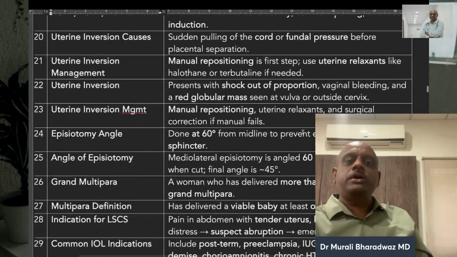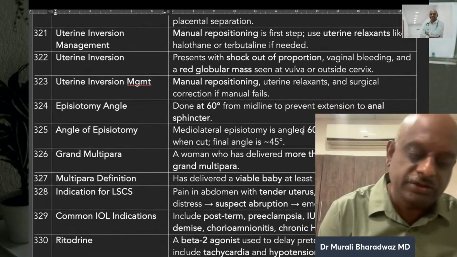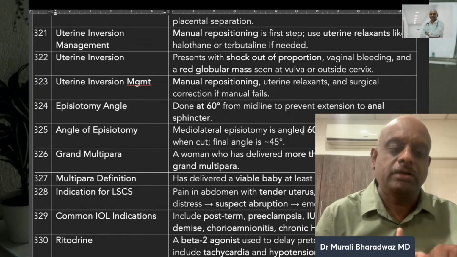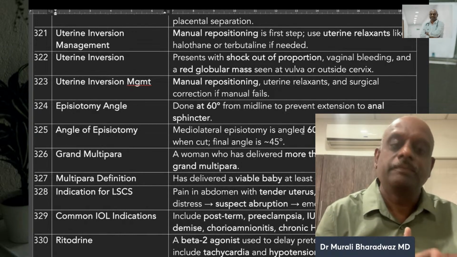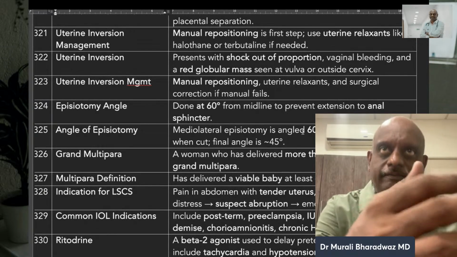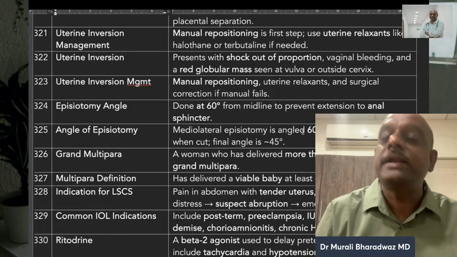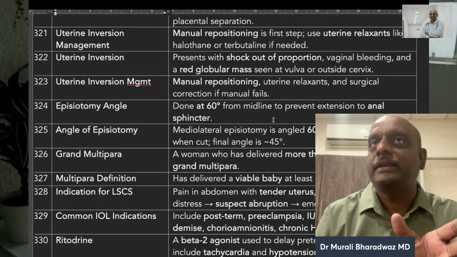Now, episiotomy. One of the favorite questions asked is, what does episiotomy mean? You are trying to cut the vaginal introitus for the delivery of the baby, right? It is done at 60 degrees from the midline.